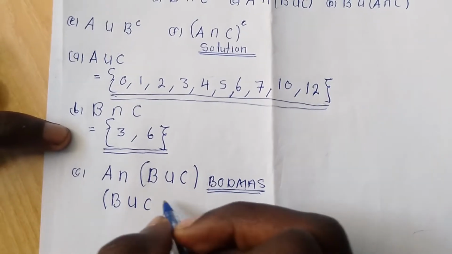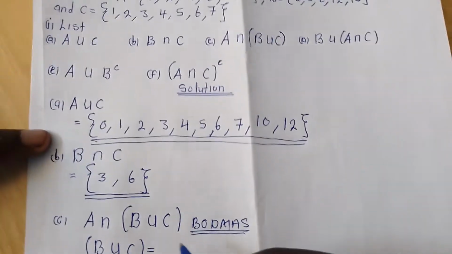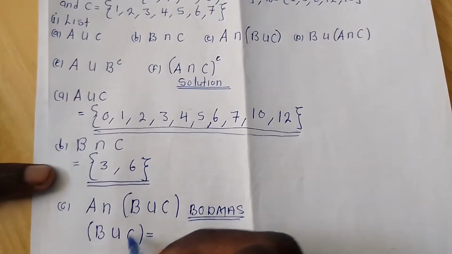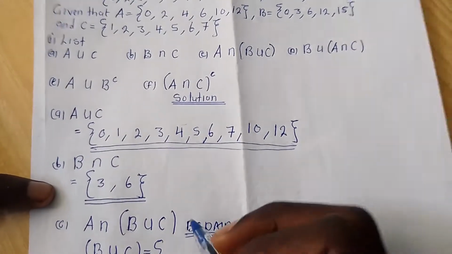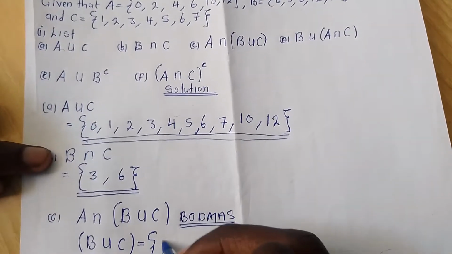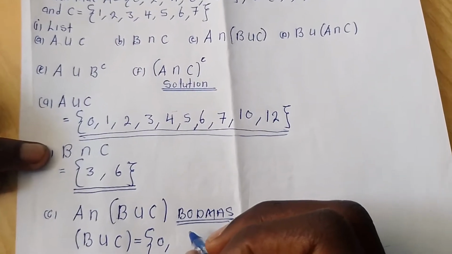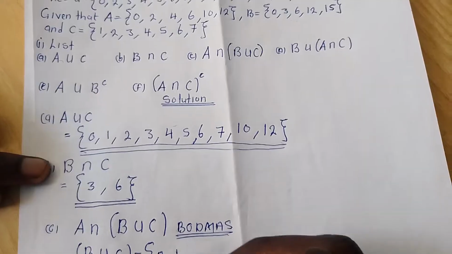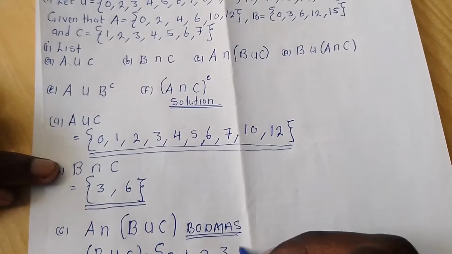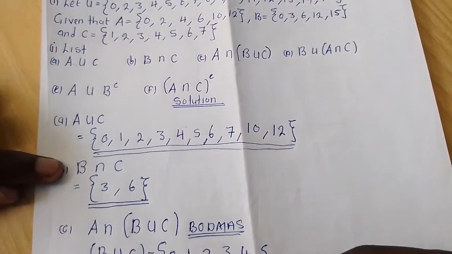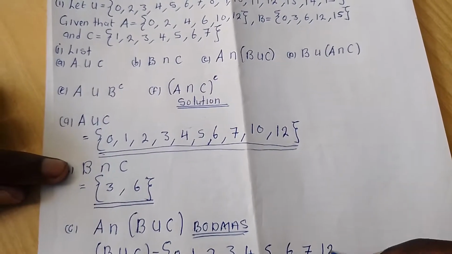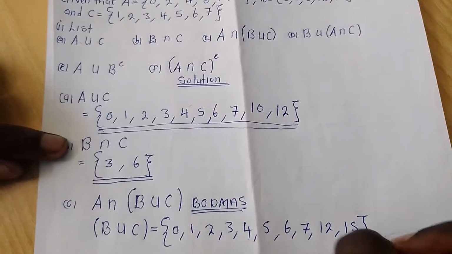B union C is simply combining the elements in B with those in C. We've got a 0 there, we've got a 1 in C, a 2, a 3, a 4, a 5, a 6, a 7, then 12 and 15. We close the set.